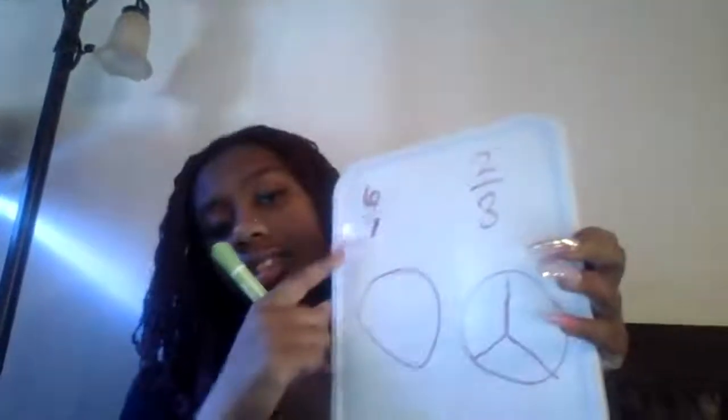I'm going to break this one into 3 because that's what my denominator tells me. And I'm going to break this one into 7 because that's what my denominator tells me.